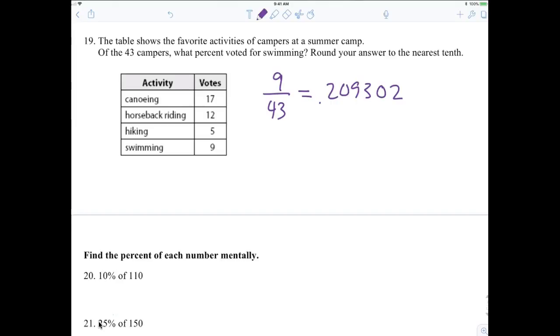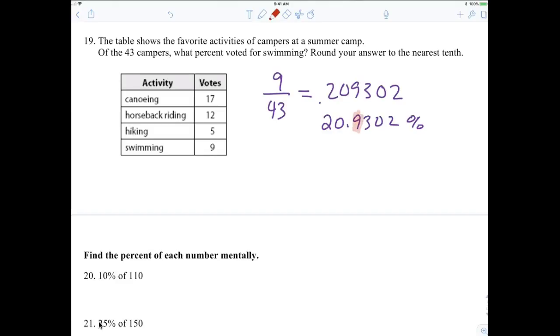About 10th, it says. You could say 21%. However, that would be to the nearest whole number, right? Because this is technically, watch, 20.9302%. So if we round to the nearest tenth, that would be the 9 that we're rounding to.